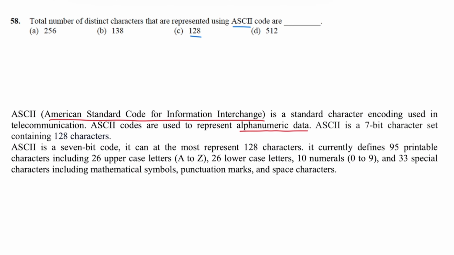Correct option is C. It currently defines 95 printable characters, including 26 uppercase letters, 26 lowercase letters, 10 numerals and 33 special characters including mathematical symbols, punctuation marks and space characters.